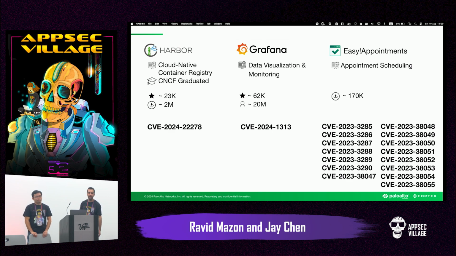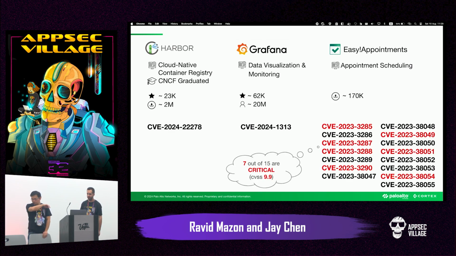The most amazing thing is that 7 of them are critical. They got a CVSS of 9.9, which allows a low privilege user to gain admin access. Remember we talked about compromise? So we have a full application compromise in this case.